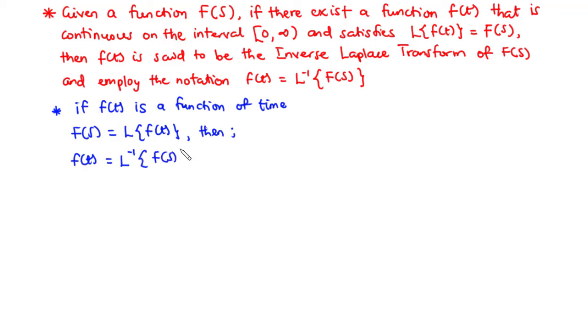That is basically what we mean. So if F of s is the Laplace transform of f of t, then we can find the original function f of t, and that is given by the inverse Laplace transform of F of s.